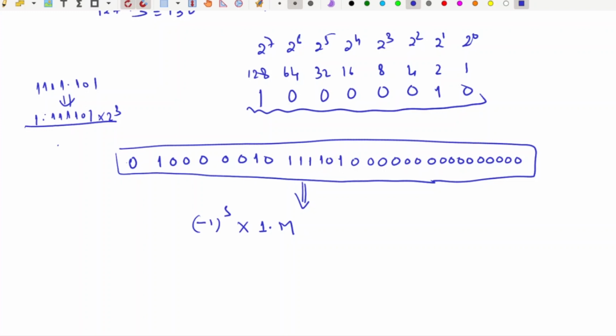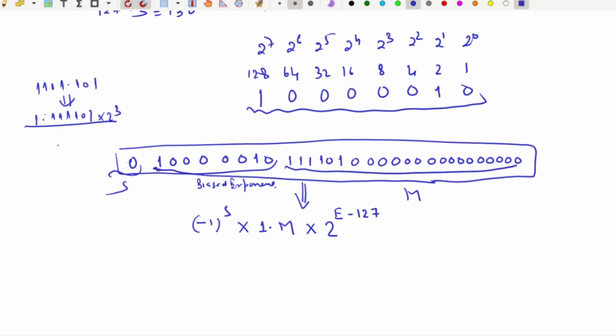Here this represents the mantissa portion, this represents the biased exponent, and this is the sign bit. So minus 1 to the power s multiplied by 1 point m multiplied by 2 to the power, what is the value of the exponent? That is capital E minus 127.